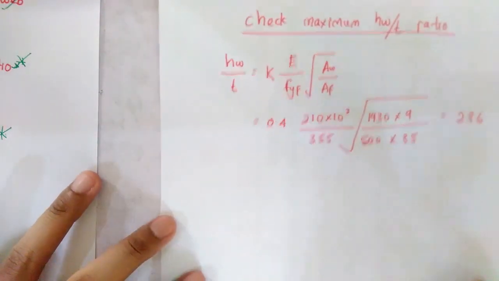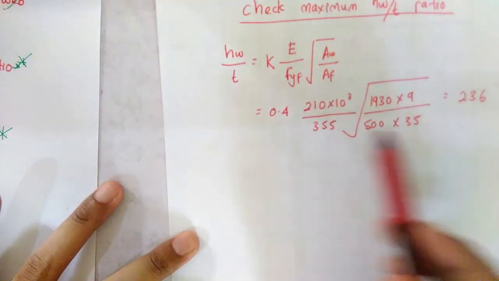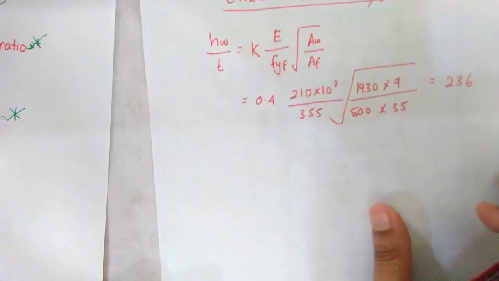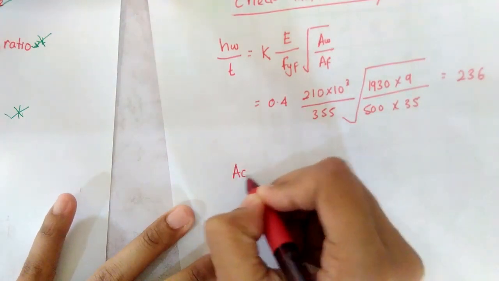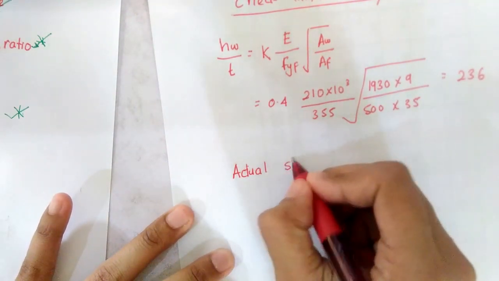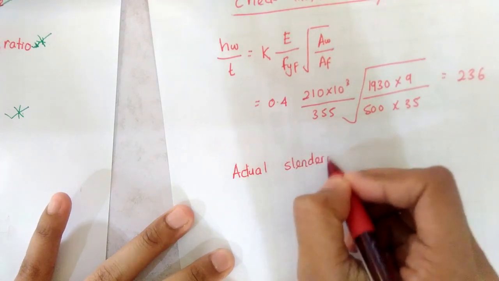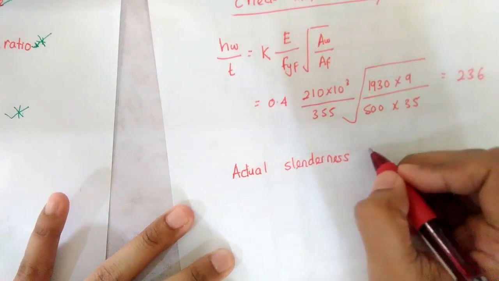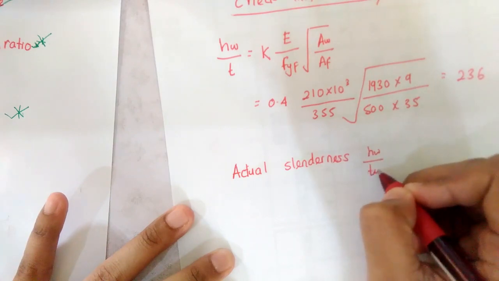So in this particular case, this maximum allowable ratio must be compared with the actual slenderness ratio of the web.